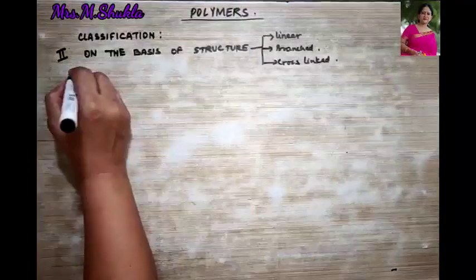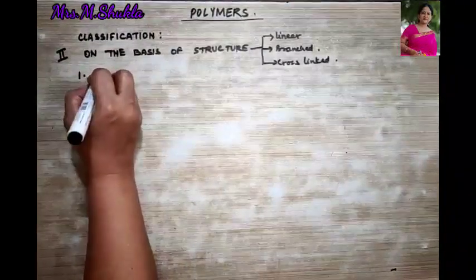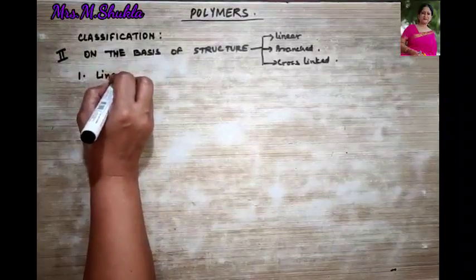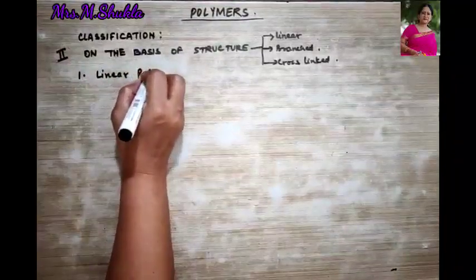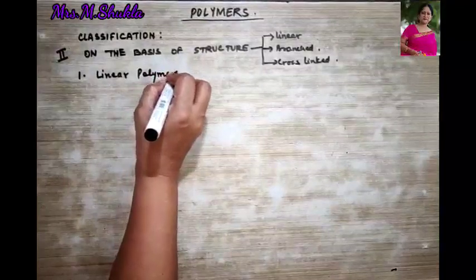Let's begin with the first kind, the linear polymers.